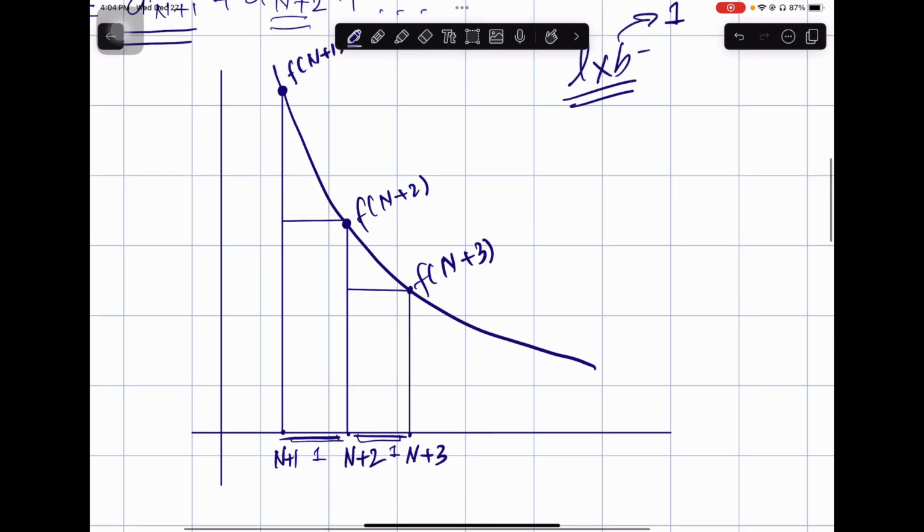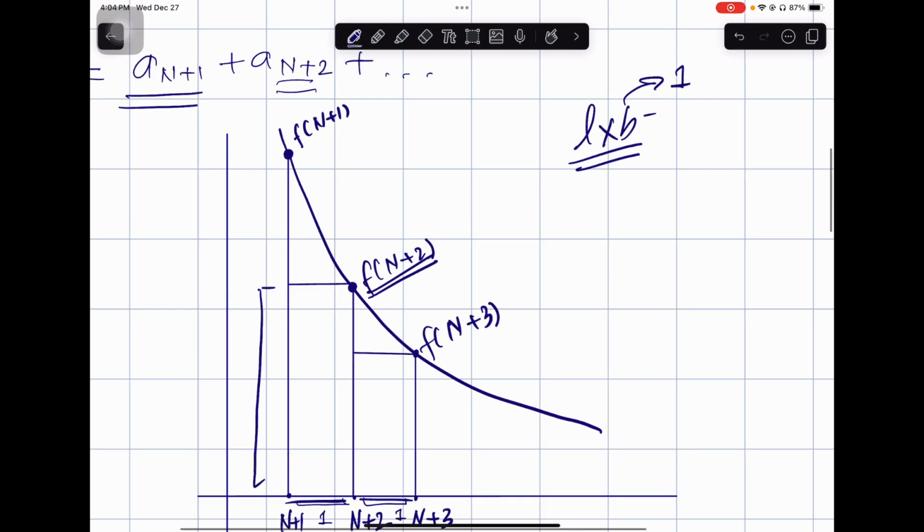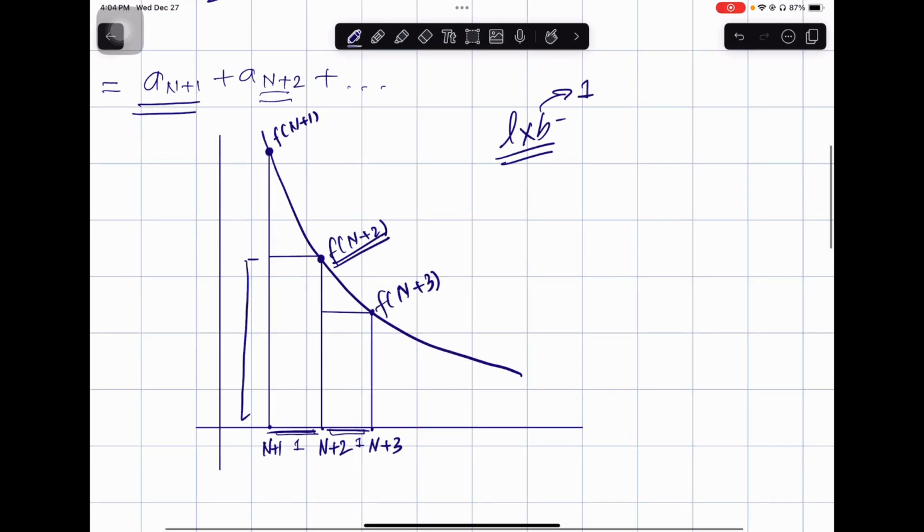And the length in this case, which is this, is f(n+2), right? And f(n+2) is, what's that? It is a_(n+2).